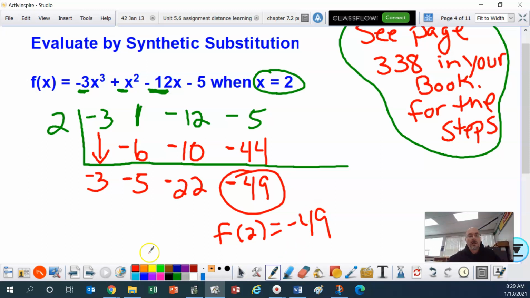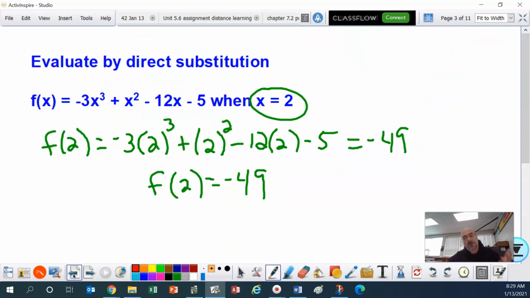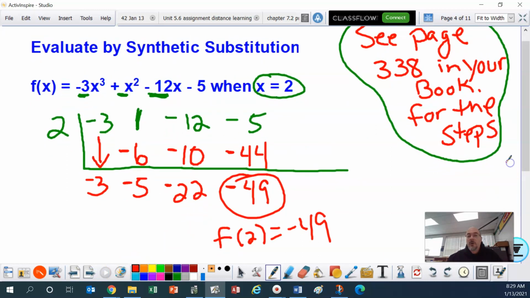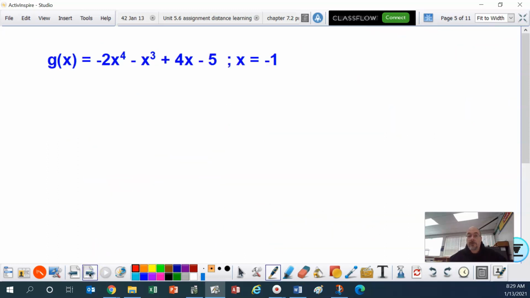I know some of you are like, hey, I like direct substitution. Yeah, that's nice, but you are going to need to know this. See, we got -49 with direct substitution. Here, we got -49 with synthetic substitution. Isn't that cool? All right, let's do another one.